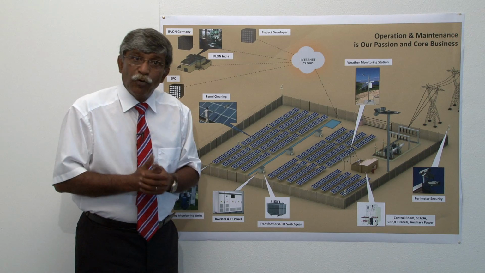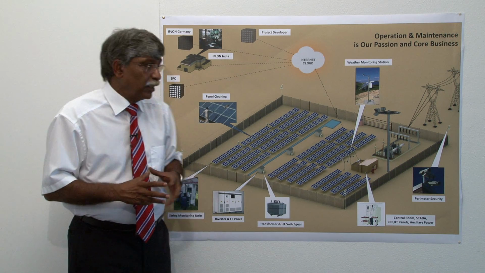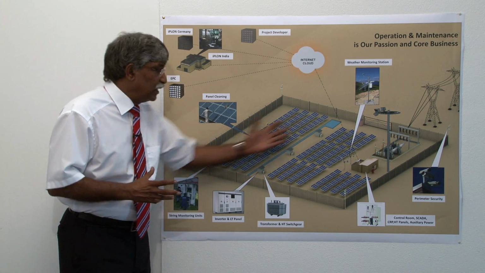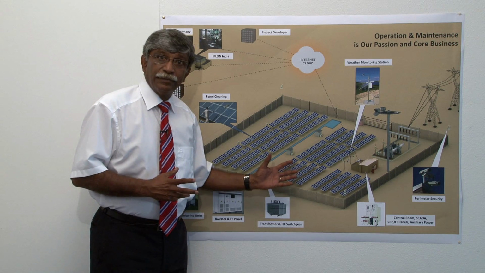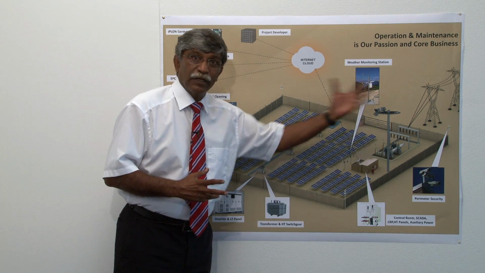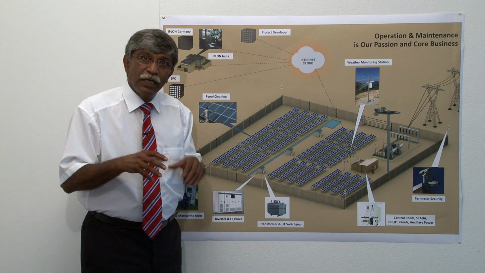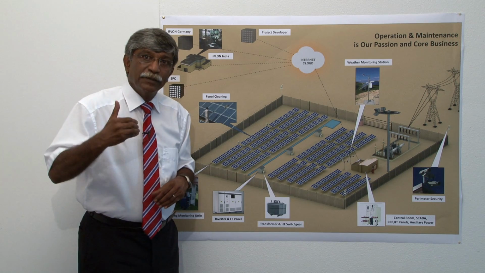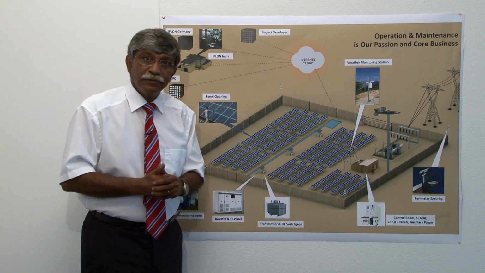The second important point is the availability of the plant, which can be subdivided into availability of the panels and the DC side of the energy, the inverters' availability, and also the AC side availability till it goes to the grid. So having understood these main issues, you can have a good calculation and maintain these two at a very high level.